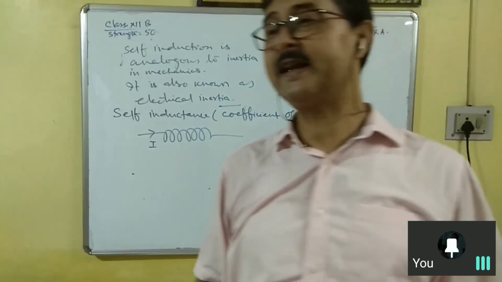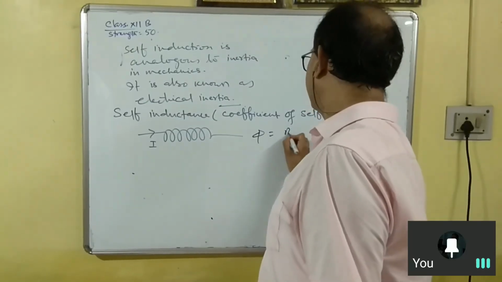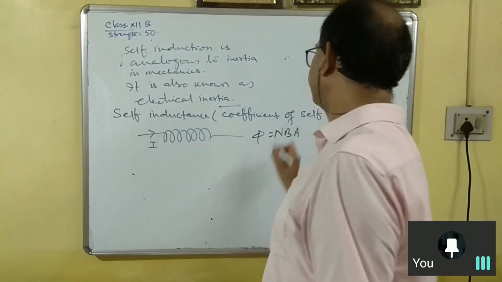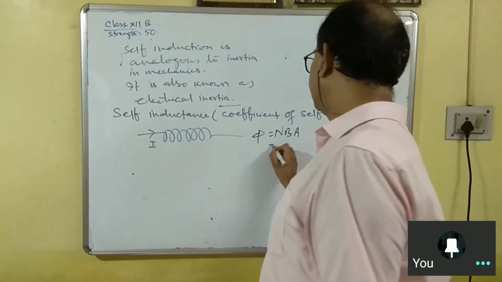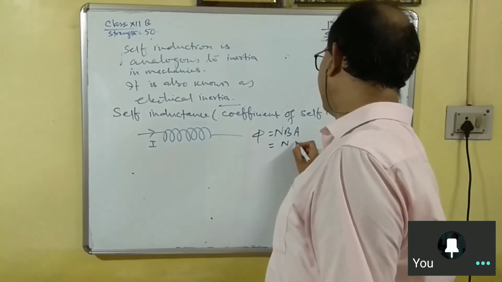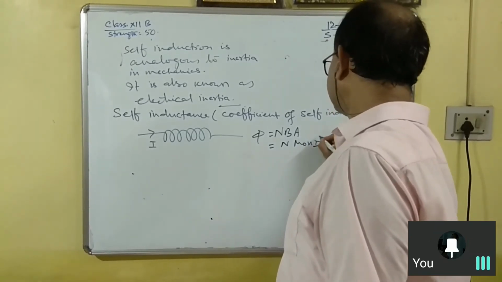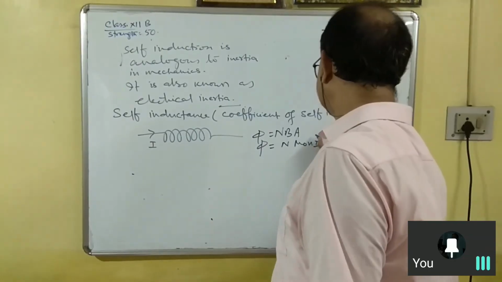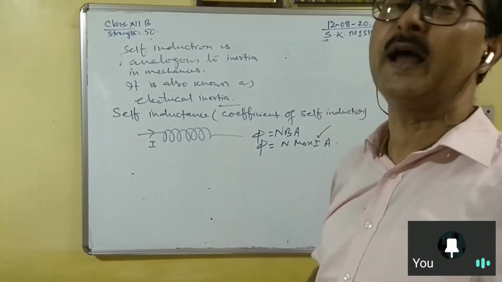Because flux linked with one coil, phi is equal to BA, and if you have total N coils, then it is NBA. And this B depends upon N, and B is mu naught N i. So this flux phi depends on I, the current through the solenoid coil.